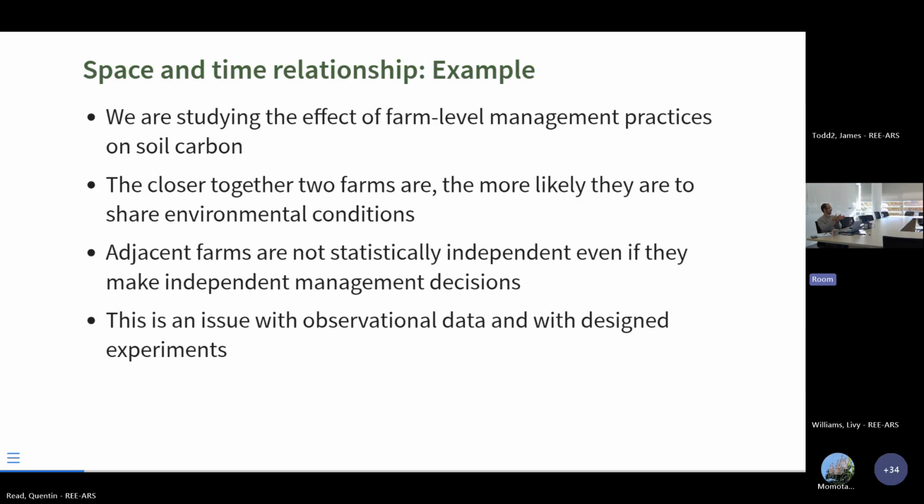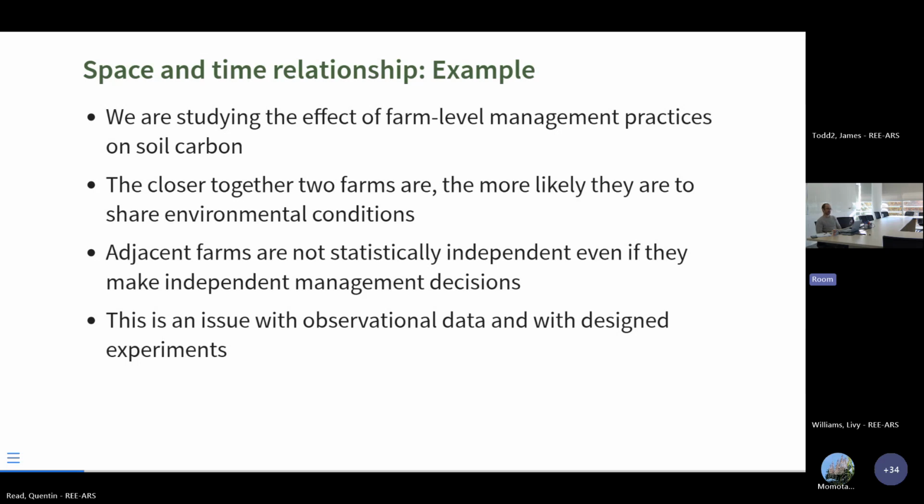Some farms are going to be closer to each other than others, right? And the closer together two farms are, the more likely they are to have similar environmental conditions, similar soils, similar climate, similar cultural practices or whatever. We can assume the closer they are in space, the more similar.